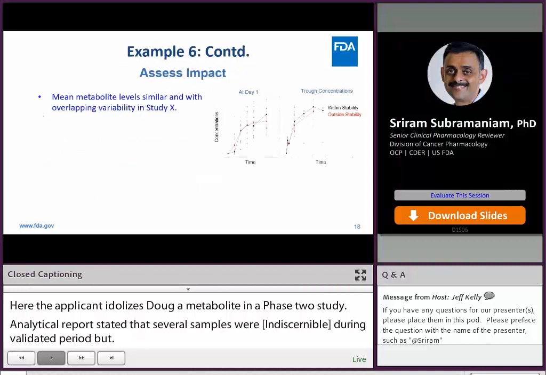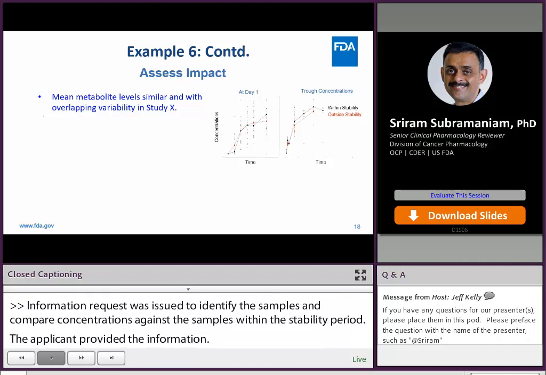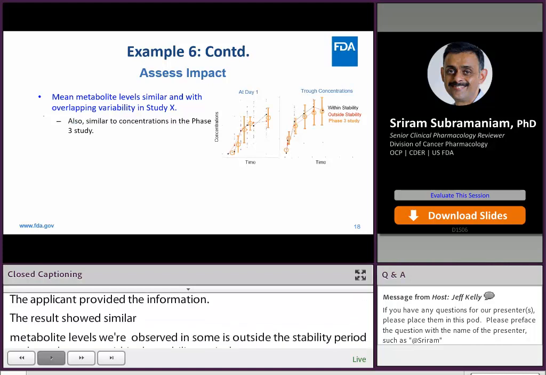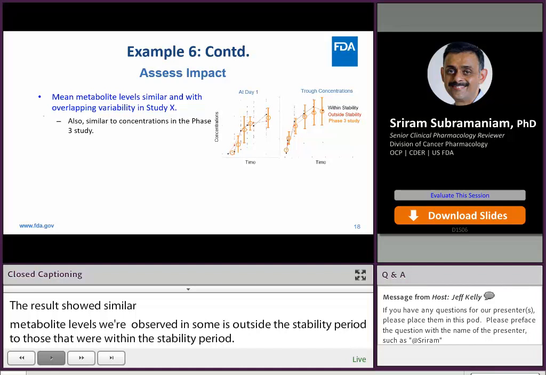The applicant provided the information. The results showed that similar metabolite levels were observed for samples outside the stability period to those that were within the stability period. Also, these concentrations were similar to the phase 3 concentrations and were within the PK variability. So what is the conclusion?